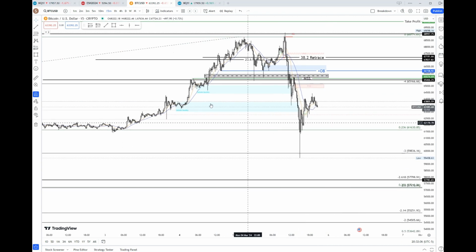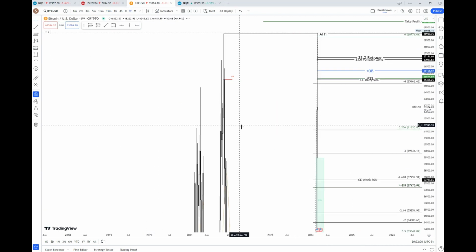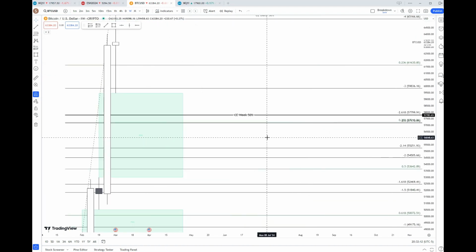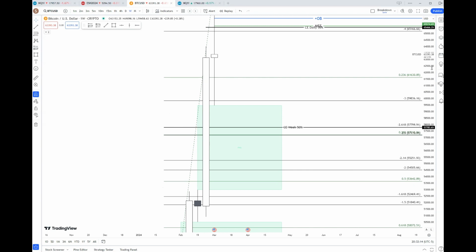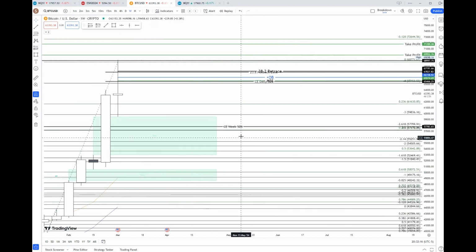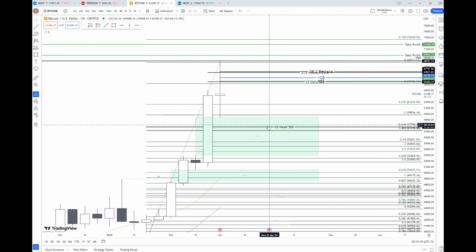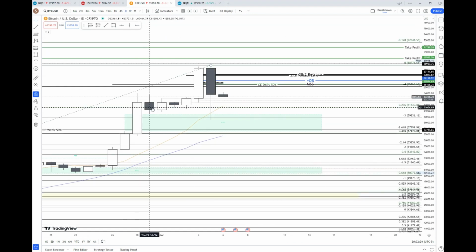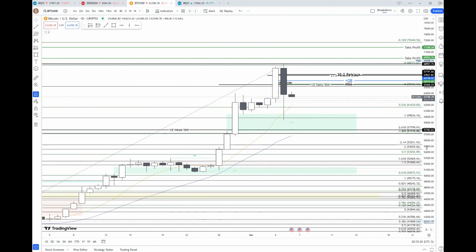Let's see if we can find anything else in this spot. I'm going to just go back up to a weekly. It's changed quite a bit. So this was the 50% of our weekly. You know what? Look at this.